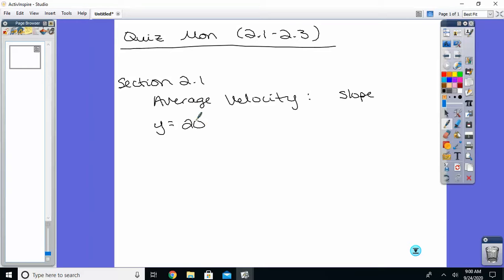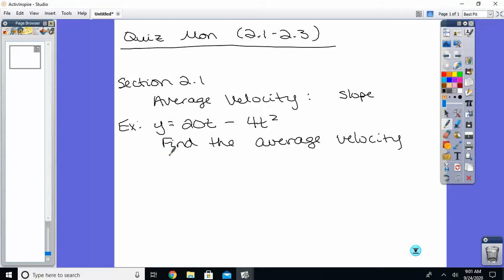So maybe 20t minus 4t squared, and I want the average velocity between t equals 1 and t equals 3.